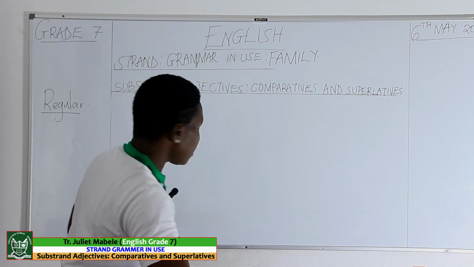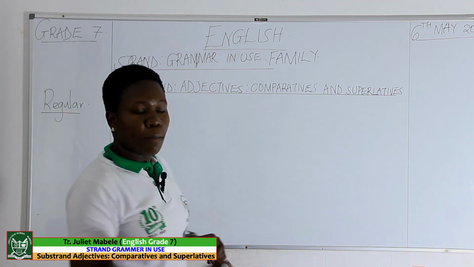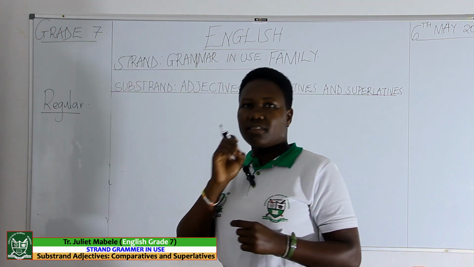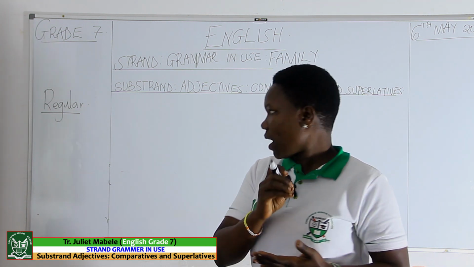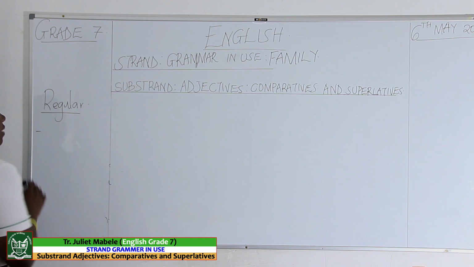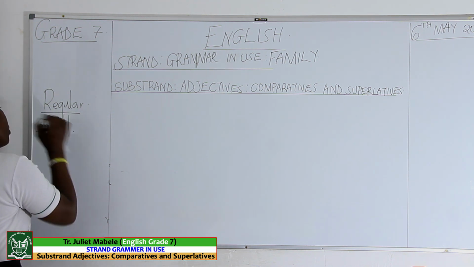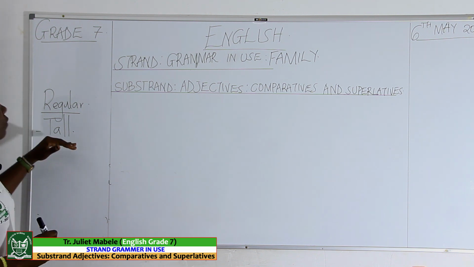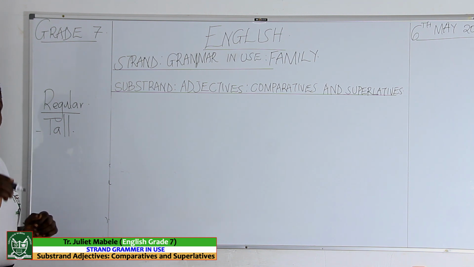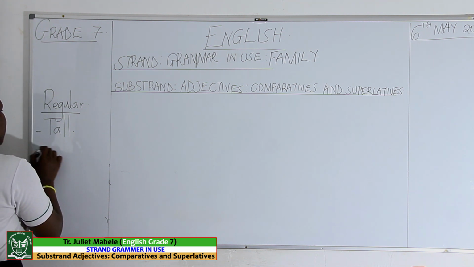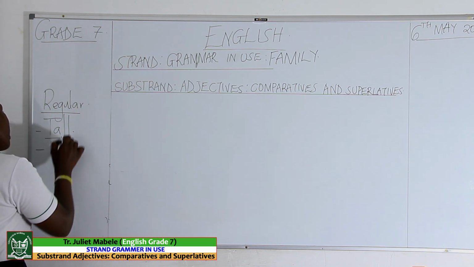The regular adjectives are adjectives that form their comparative form by adding the suffix er, or by introducing the word more to the base form of the adjective. For example, take the adjective tall. To form its comparative form, we add the suffix er, so the comparative form of tall will be taller.